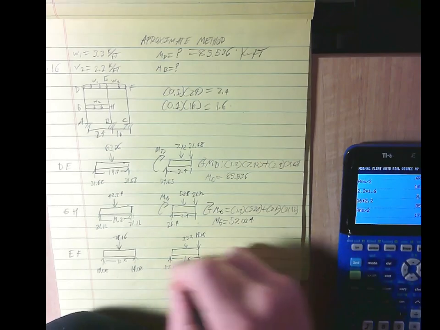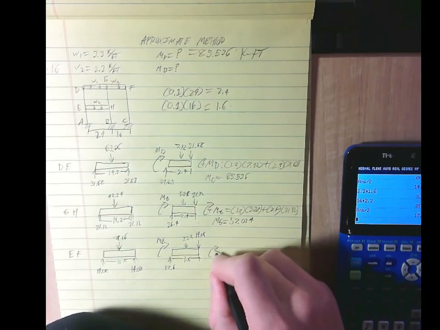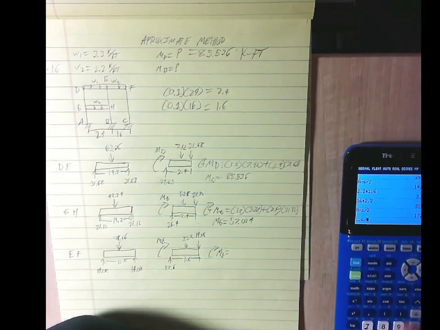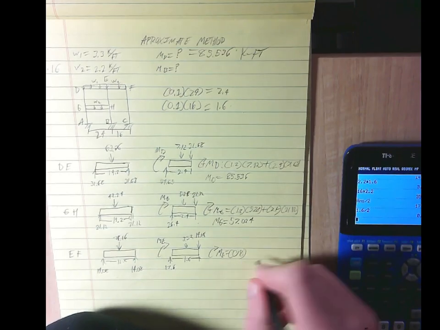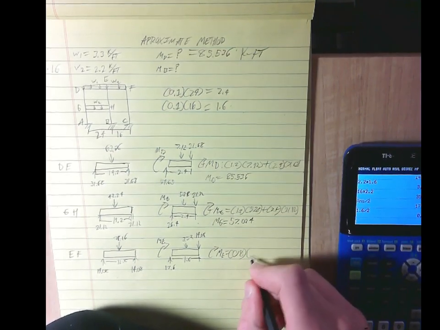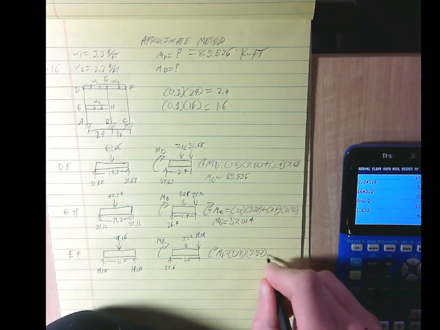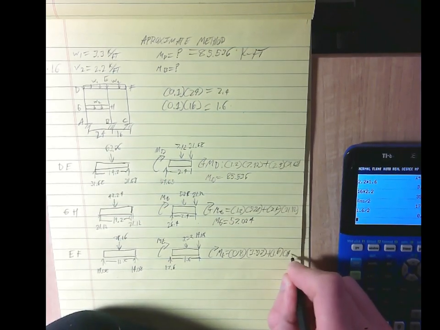Okay, sweet. Here we have our moment E, and ME is going to be equal to, well, what's 1.6 divided by 2? It's going to be 0.8, sorry. 3.52, 1.6 times 14.08.